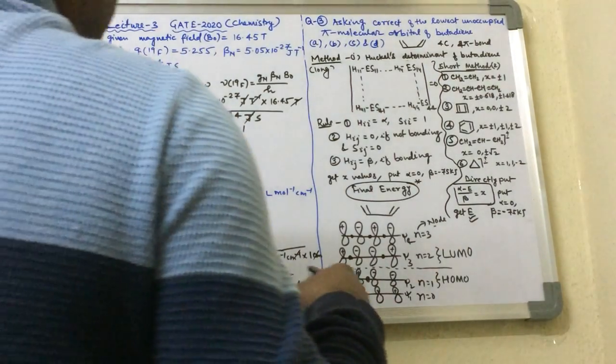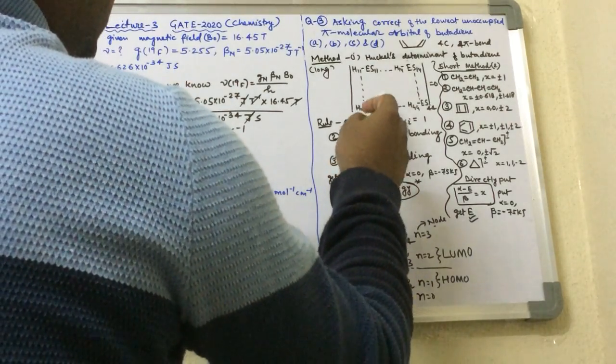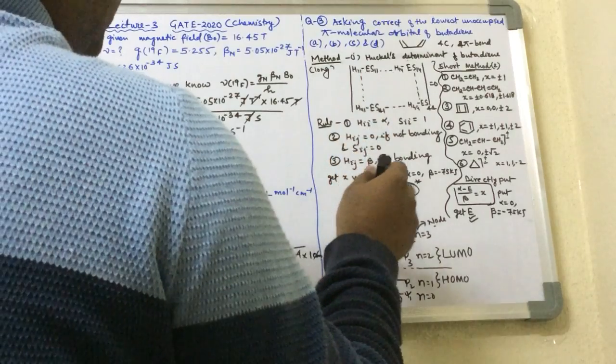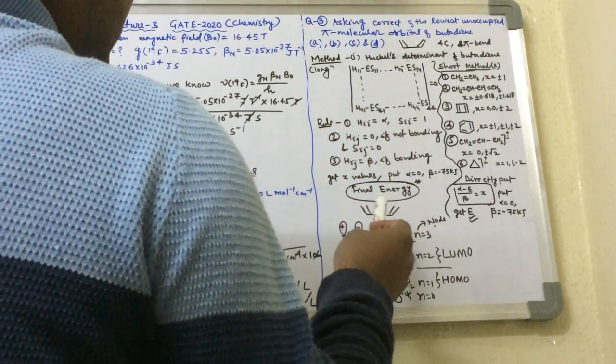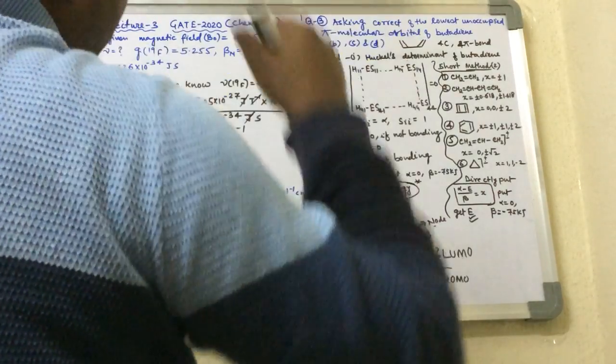Finally, from this, when you put in these values, you will get an expression of the type alpha minus beta.